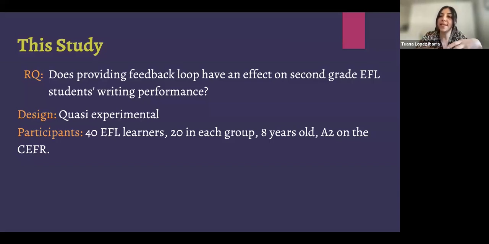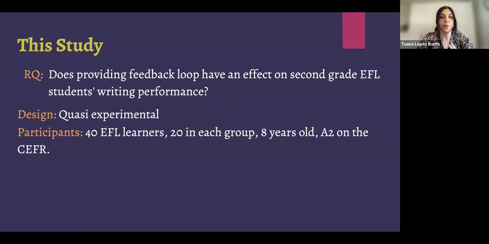So they had a basic command of English: they were able to speak at a basic level and write some sentences, not long paragraphs, but a really simple, basic way of communication. All of them were monolingual Turkish speakers.